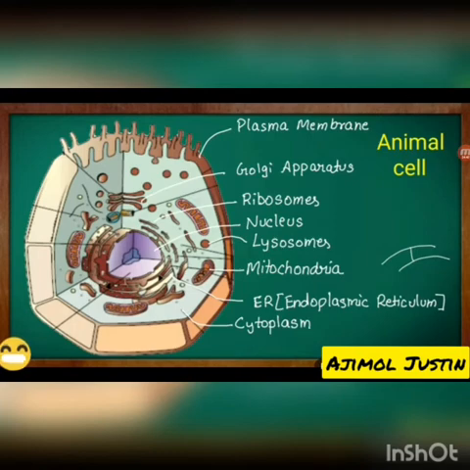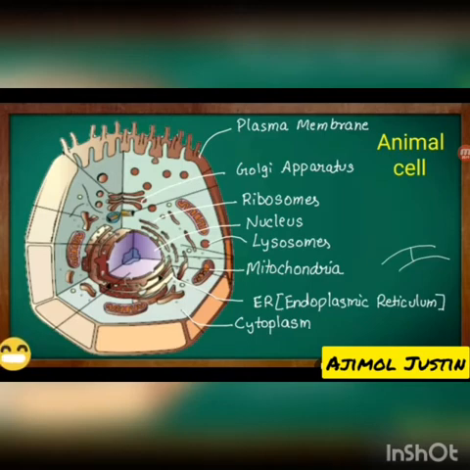Now here, this is an animal cell. You can see here the outermost layer is plasma membrane. That means in animal cell you can't see a cell wall. Here also you can see Golgi apparatus or Golgi complexes, ribosome.